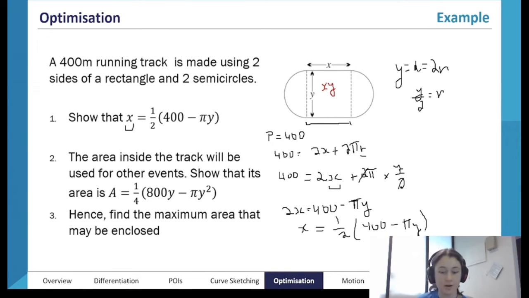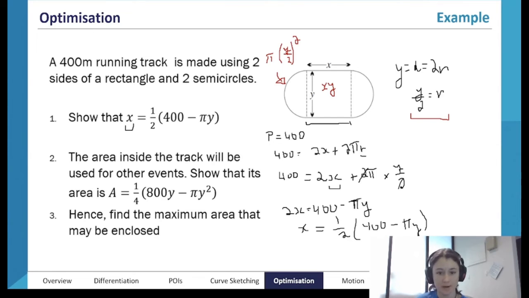Then the area of these two circles is going to be equal to pi r squared, which is going to be pi (y on 2) squared, because our radius is y on 2, remember from the last part of the question.